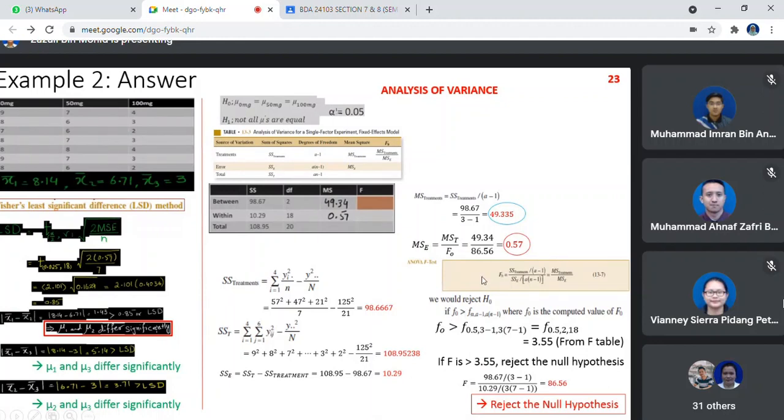The F0 is equal to MS treatment divided by MSE, and from the table you use alpha 0.05. So degrees of freedom 3 minus 1 and 3 times 7 minus 1, you have F 0.05, 2, 18. Look at the F, compare it, and then you can do the analysis.